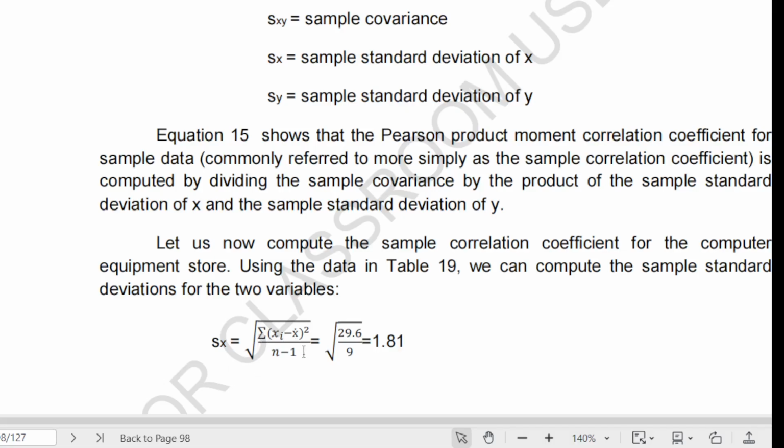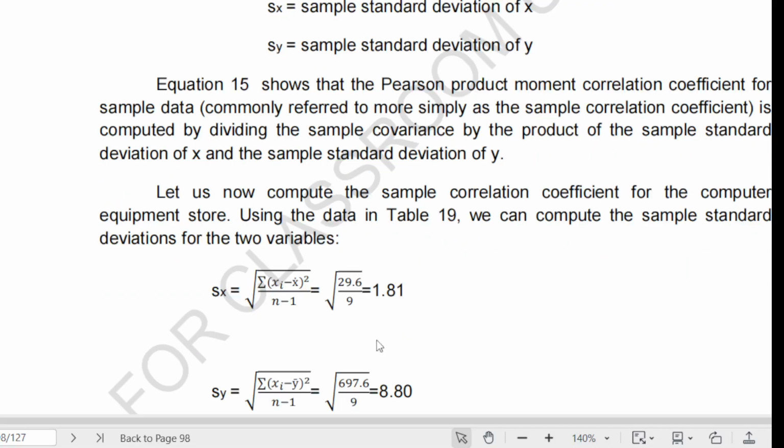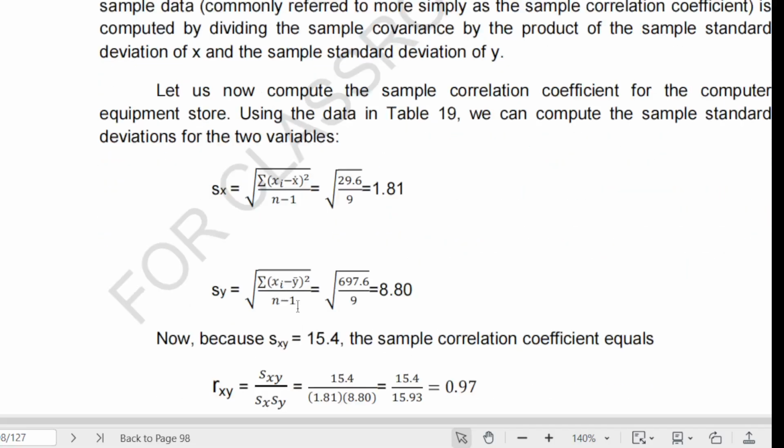This is our sx: the square root of the summation of xi minus x mean squared over n minus 1. So 29.6 divided by 9, that's 1.81. We solve for our sx. And for sy, we have the summation of yi minus y mean squared.